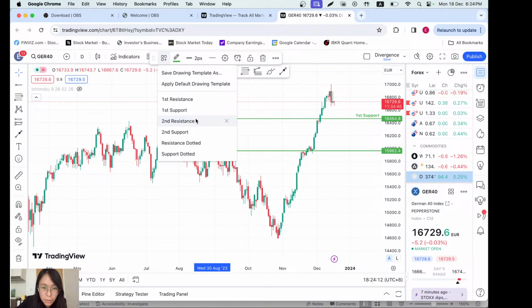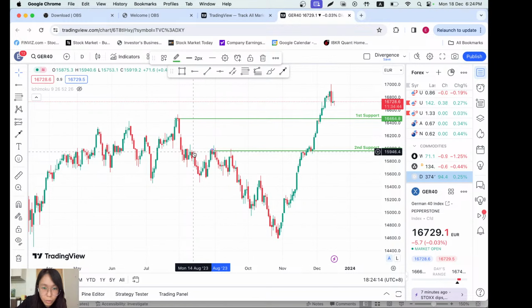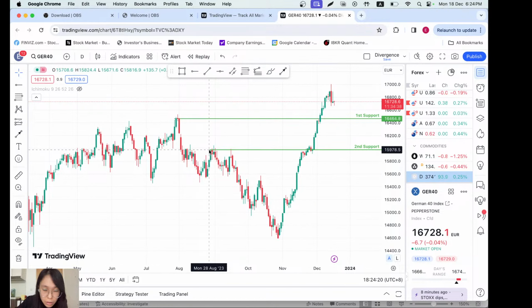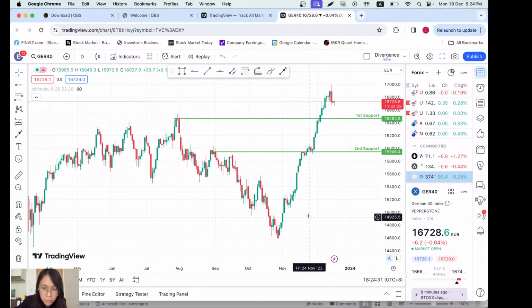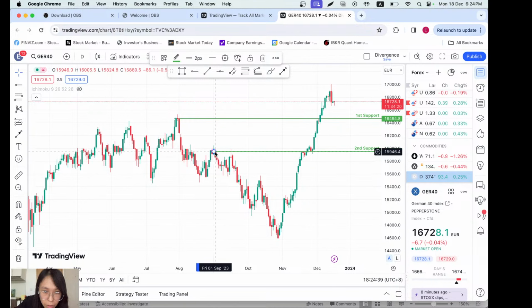I'll be using this as my second support, which is an overlap. I'll be putting it at this candle so it captures this bounce.